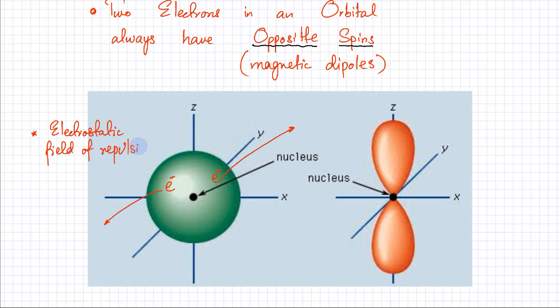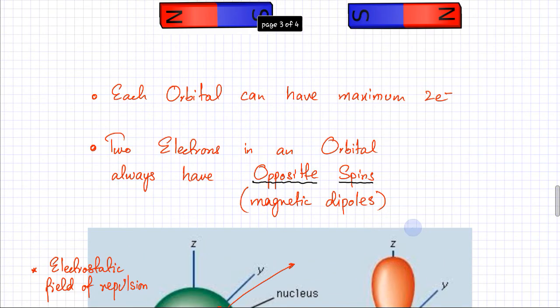And what this repulsion would do is that it would be very hard for the 2 electrons to exist in the same space. So both electrons would try to repel each other and they would try to knock each other out.